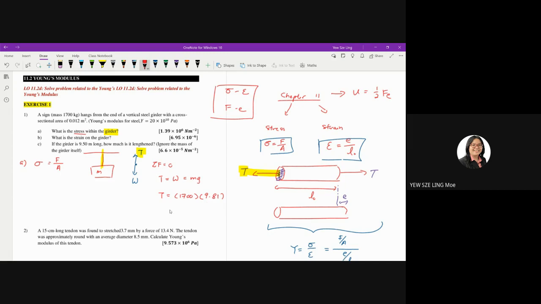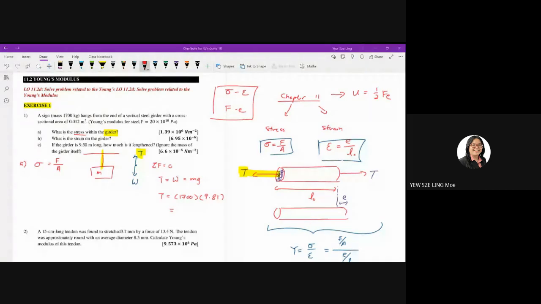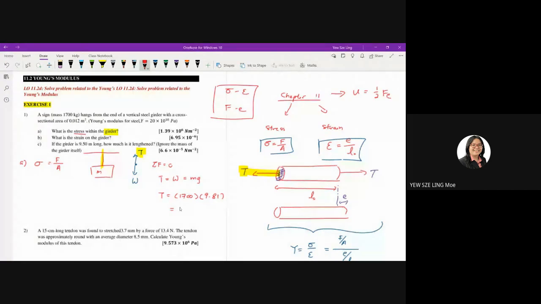Wait here, let me calculate first. So 1,700 times 9.81, I have the value equal to 16677 Newton. So that is the value of tension based on the free body diagram.